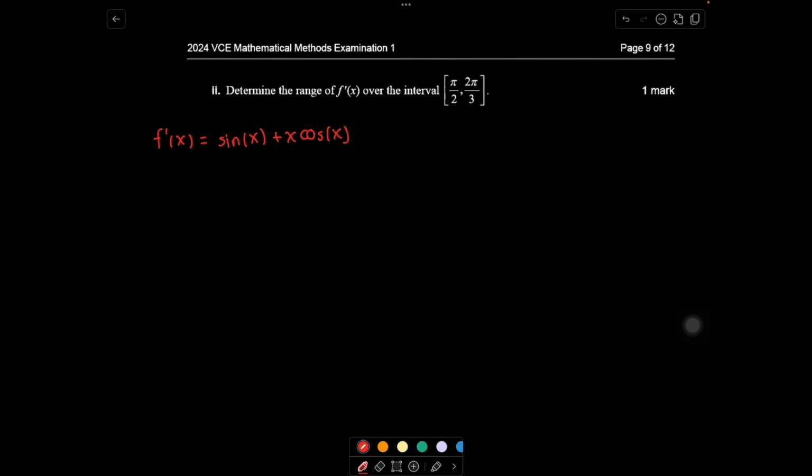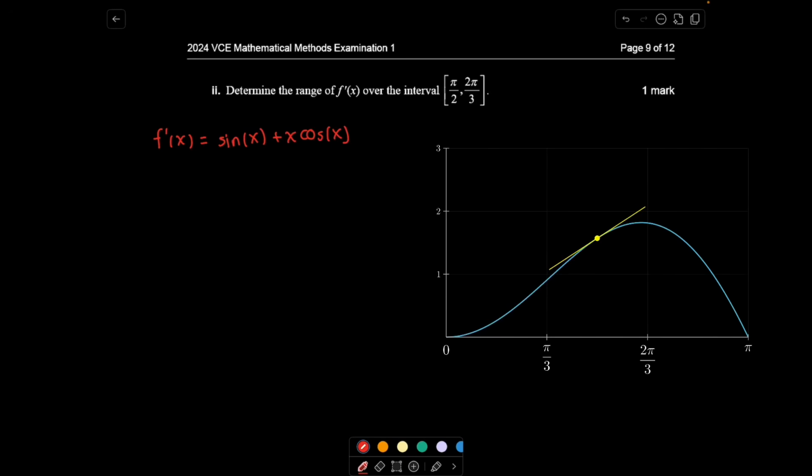So that was our derivative. And looking at our graph on the far right, you can see that our graph is the steepest at pi on 2. So what that means is that is going to be the upper limit of our range. Whatever the gradient there is, that's going to be on the right of our brackets for our range. So let's find out what the gradient there actually is.